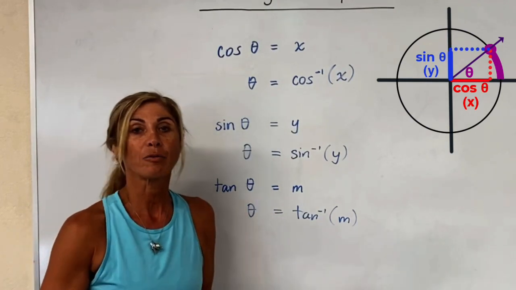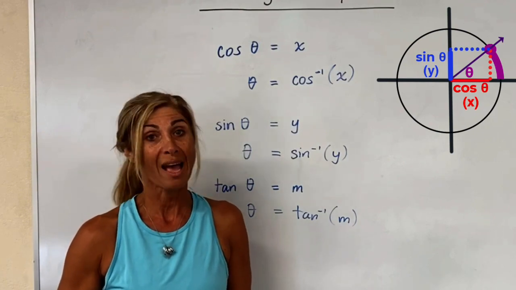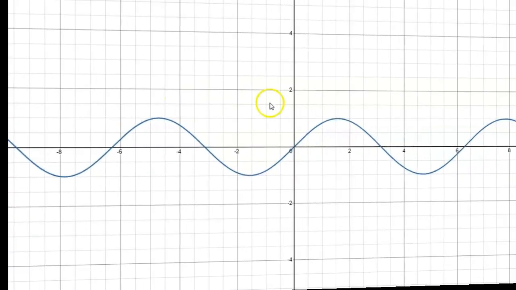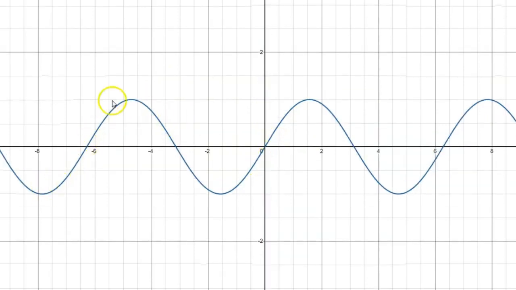Let's look at what kind of restrictions we need to place upon this on Desmos in order to have an inverse function. So if we look at our sine function, we notice that if I were to find an inverse, recall that what that does is makes our inputs our outputs and our outputs our inputs. We cannot find an inverse currently with this sine function.